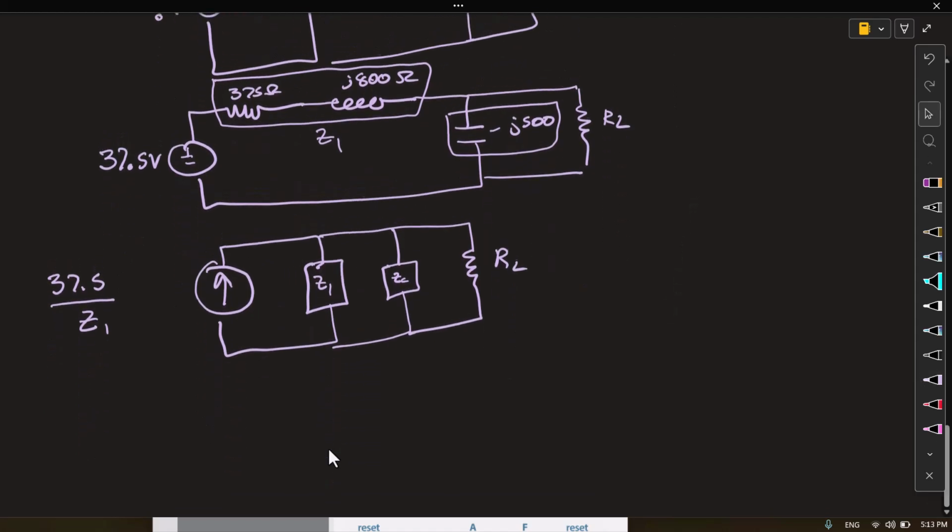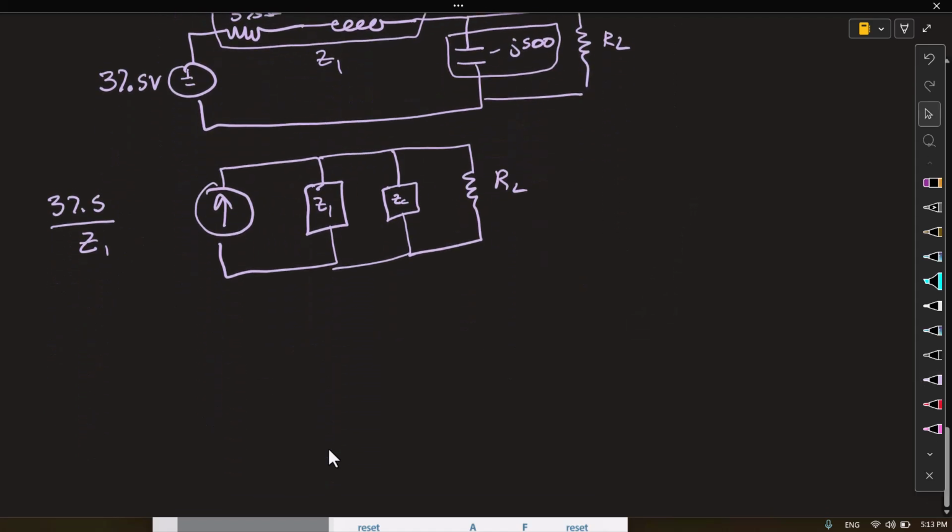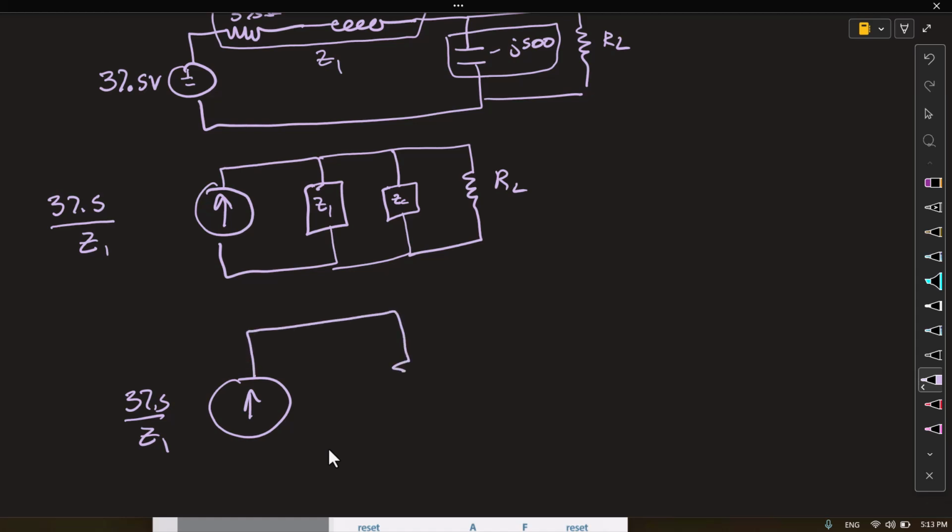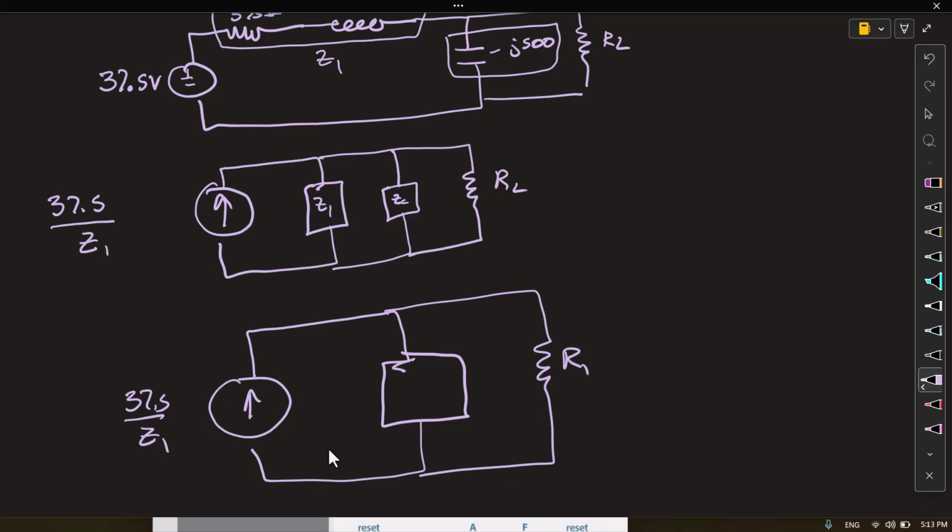Now if I combine those in parallel, 37.5 over Z1, RL. So this is Z1 ZC over Z1 plus ZC.